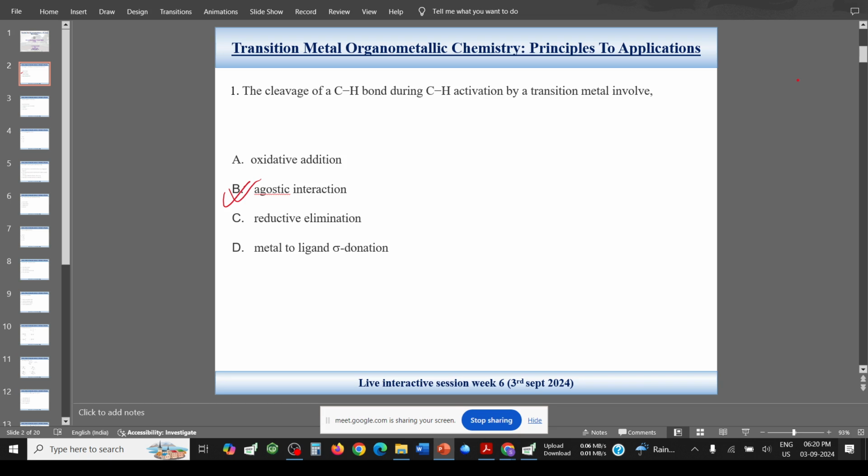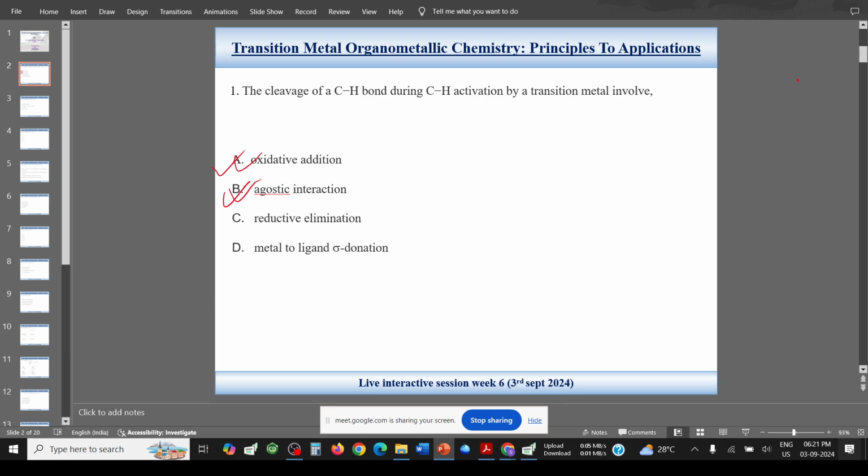Again, after the cleavage of this CH bond, the metal center gets oxidized. That is, the oxidative addition is also happening in this step. So the agostic interaction is the reason to cleave the bond, and after cleaving the bond it becomes oxidatively added to the metal center. So the option 1 is also the correct answer for this question.